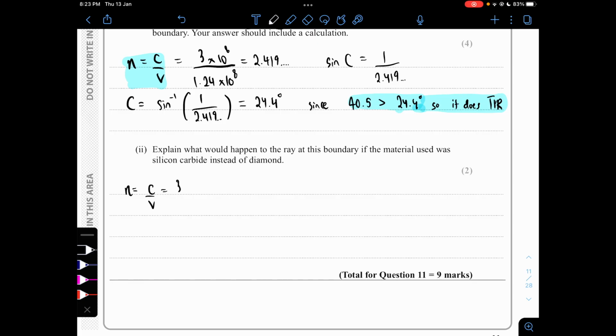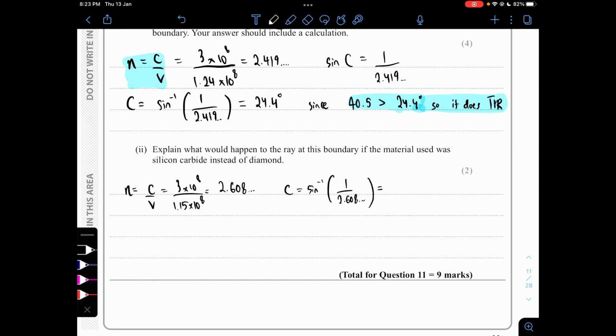This would be 3 times 10 to the power 8 all over 1.15 times 10 to the power of 8. And this would give us 2.608. And we go on. So the critical angle would be sine inverse 1 over 2.608.